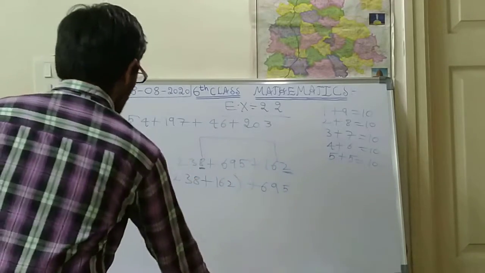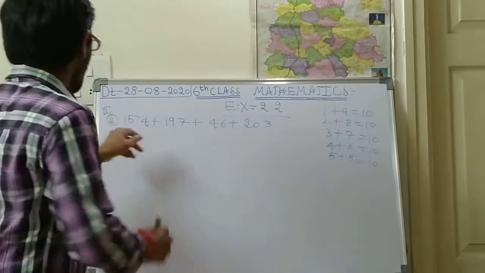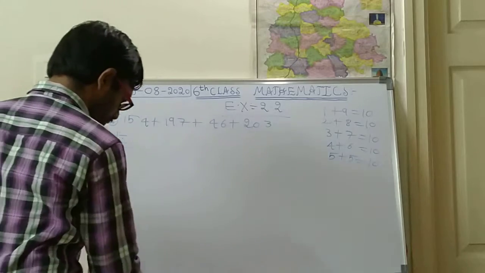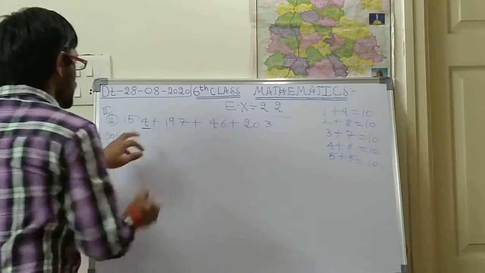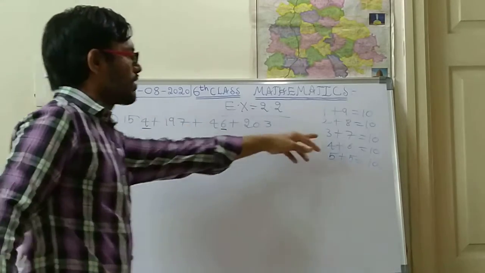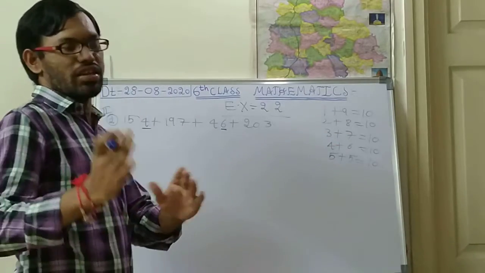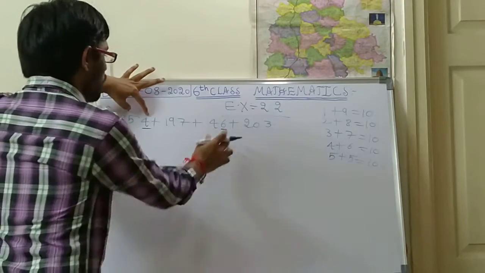Here also, see, 154 plus 197 is there. What is this digit? This is 4. Next, this is 6. So with 4 and 6 we can get tens, hundreds or thousands, based on the number. So first 154 plus 46.